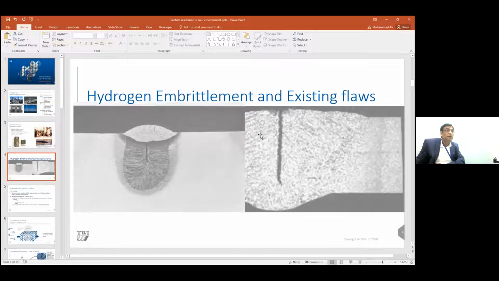These are a few examples of the type of cracks which can exist in a structure, and if these cracks are exposed to any severe or sour environment, then the stability or resistance of these cracks to external loading can be significantly compromised.